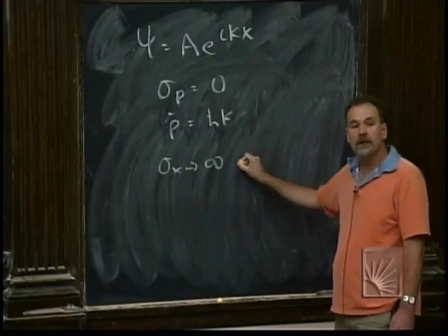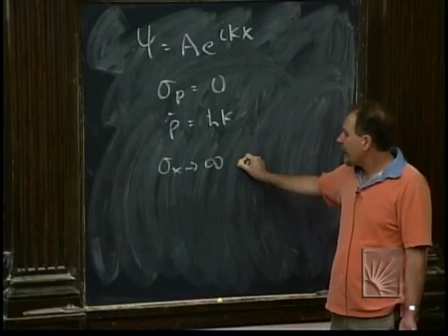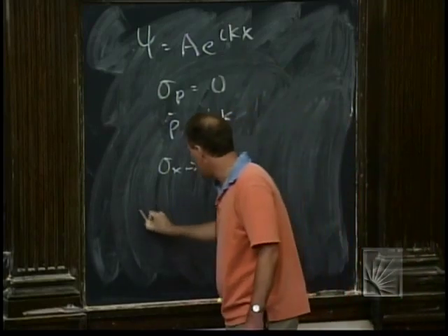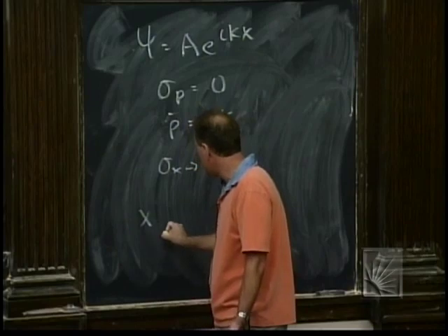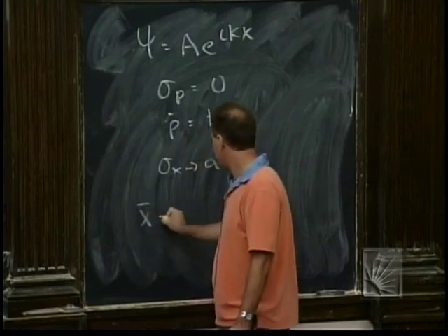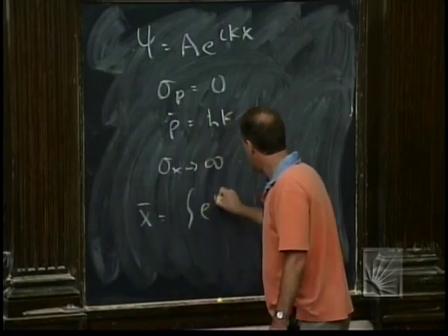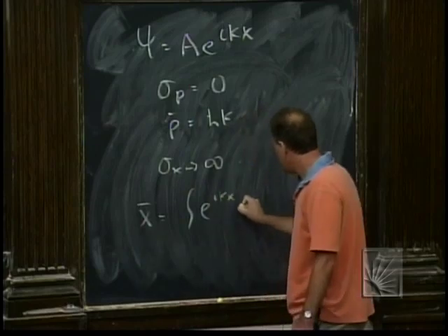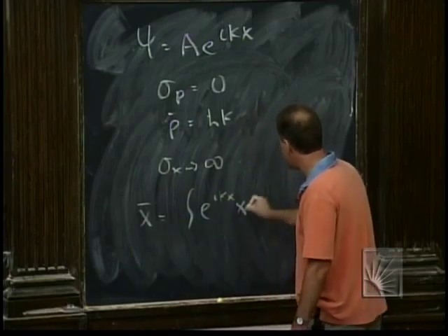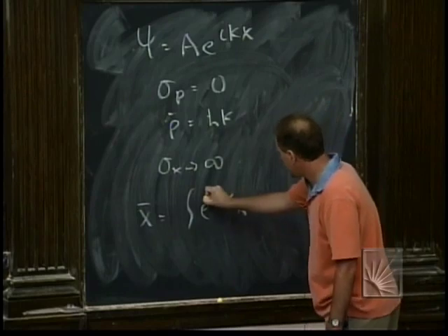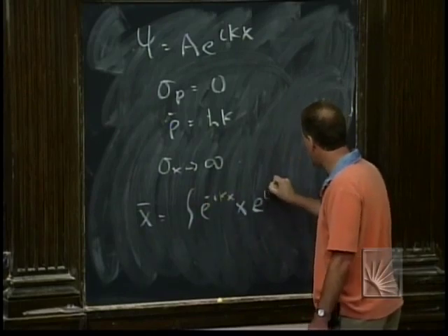That's what the Heisenberg uncertainty principle should say. And indeed, let me ask the question, for instance, what's x average? It's e to the ikx, the x operator, x hat, which is just x, and I take the complex conjugate there.